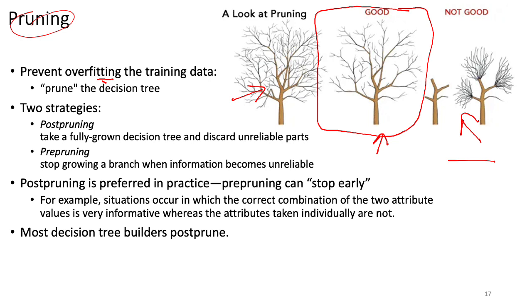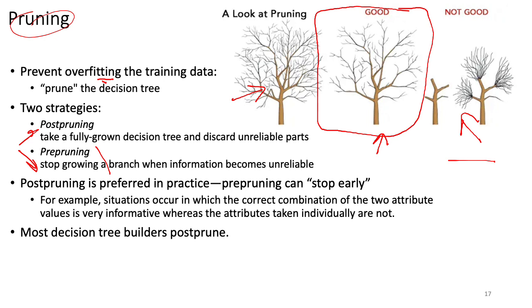So now there are 2 ways to do pruning. There is post-pruning and pre-pruning. The pre-pruning strategy is not very common. It's basically the pruning operation happens as the tree is still getting constructed, while post-pruning is done once you have a fully grown decision tree.